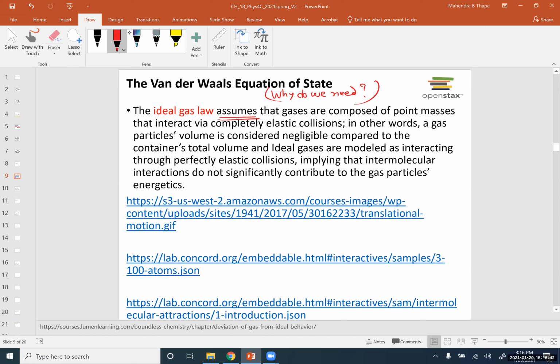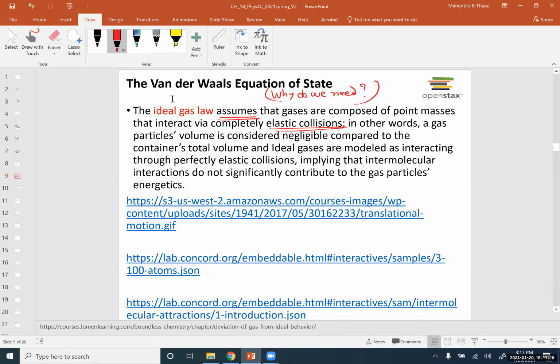For example, we assumed that it always undergoes elastic collisions. We also assumed the particle's volume is very small compared to the volume of the container, which is not true. And we are assuming perfect elastic collisions, so this is true only under the ideal situation, which is not true. To overcome those defects of the model, we need the van der Waals equation.